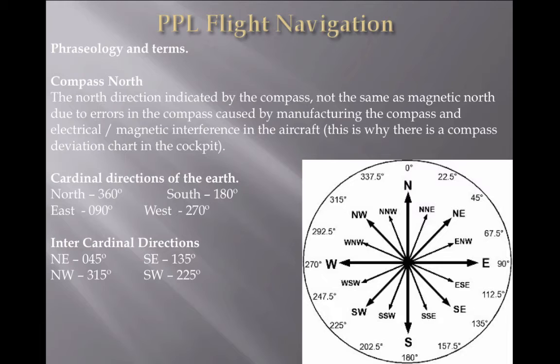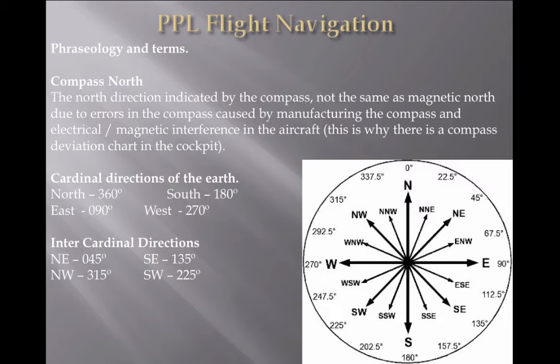Cardinal directions are the four primary spots that we use every day to indicate north, south, east and west in degrees. Intercardinal directions are the equidistant points between north and east, east and south, south and west, west and north.